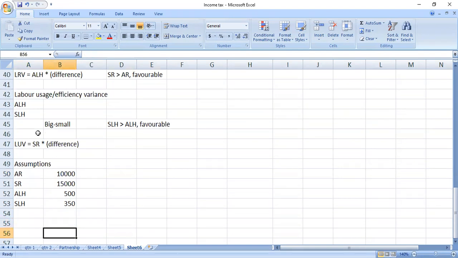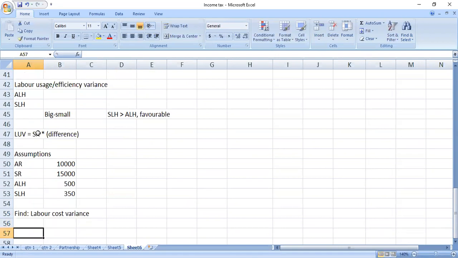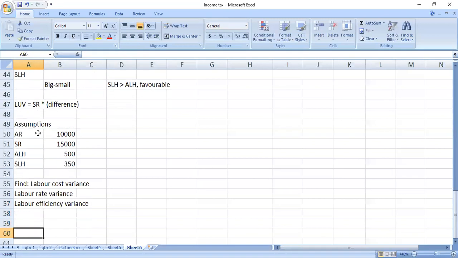So if someone wants you to compute labor cost variance, labor rate variance, then labor efficiency variance, they want answers for this. I'll start with the rates. We shall comment on the labor cost later.